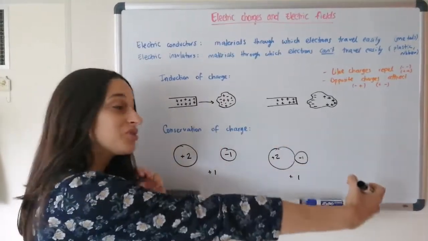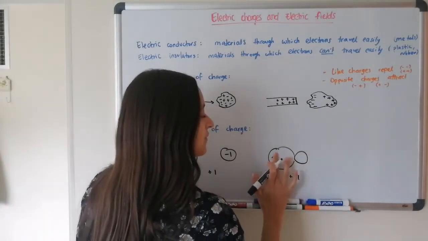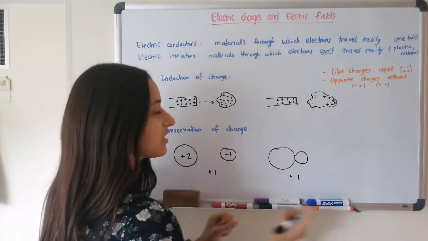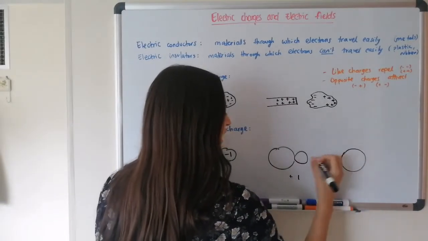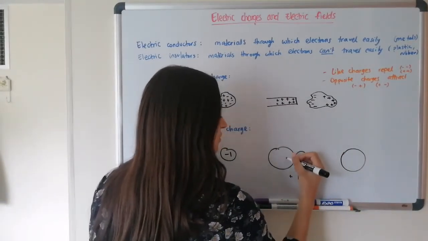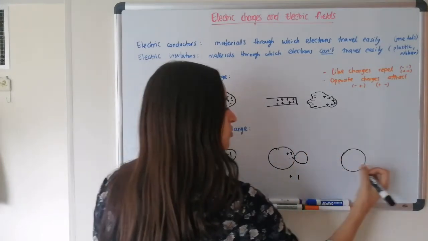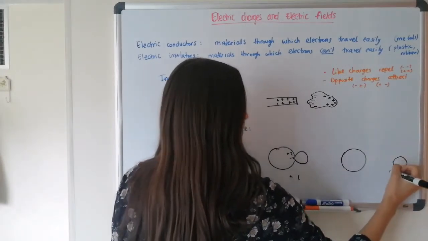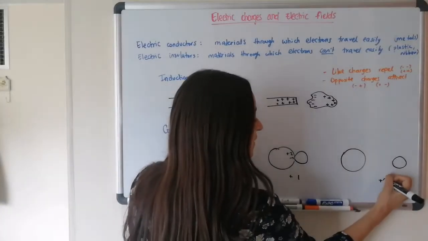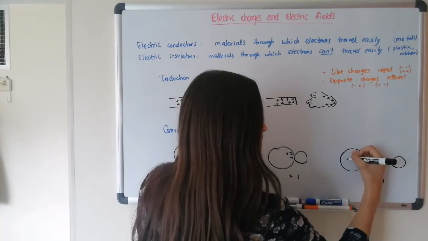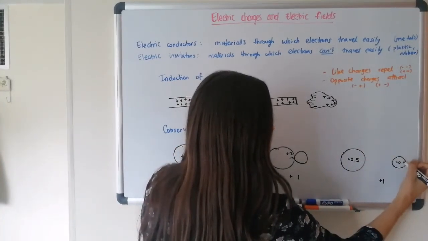But when you put them apart, because these charges will mix, then the charge will divide equally between the two objects. So at the end, we will have, here there's just going to be who knows where, plus 2 and negative 1 between the two. But when you separate them, what you're going to have is that they divided equally. So in order to give plus 1, to have them divided equally, this has to be plus 0.5, and this has to be plus 0.5.